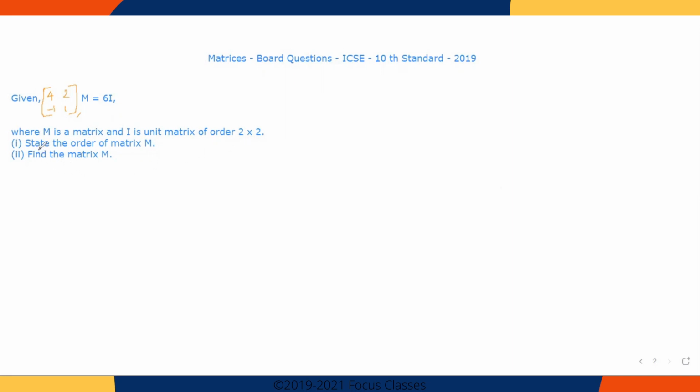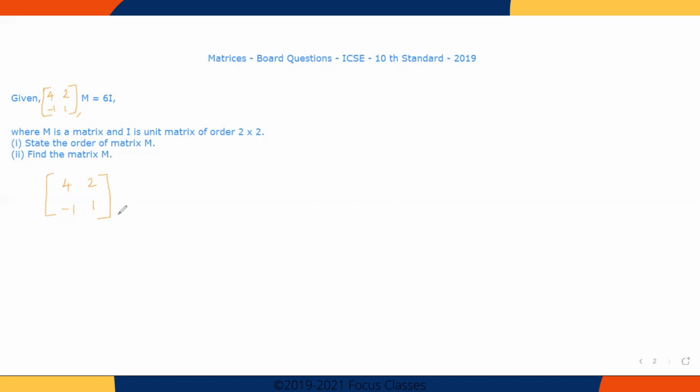So we have to first state the order of the matrix M and find the matrix M. So here [4, 2; -1, 1].